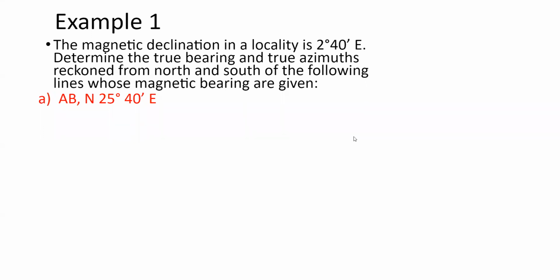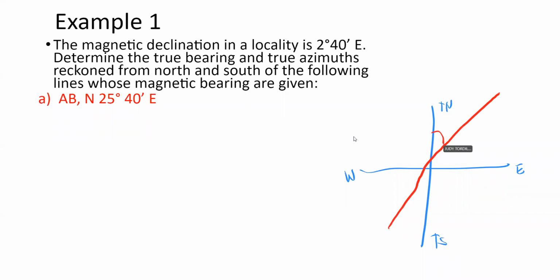We have ito yung true north. This is your true south, and this is west. Tapos daw, nag-decline ka ng 2 degrees. So we have here a 2 degrees 40 minutes. Ito yung magnetic meridian mo, no? Tapos, meron ka daw line AB. This will be your line AB, for example. Ayusin lang natin ito. Para mas malinaw.